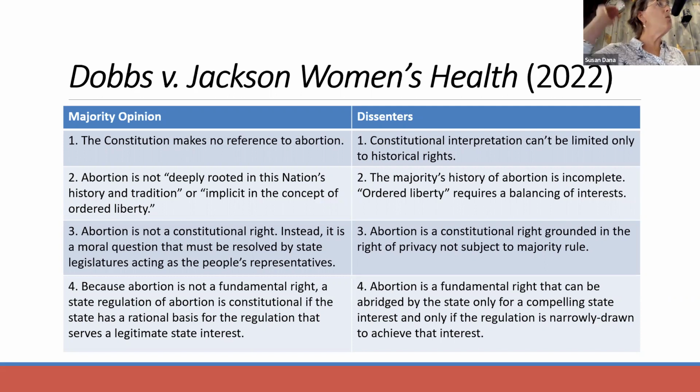And you have to have a really, really good argument to be able to regulate a right. You have to show a compelling state interest. And the interests that the majority lists as a legitimate state interest, the dissenters suggest none of them arise to a compelling state interest. So this is a really, really hard fought difference.